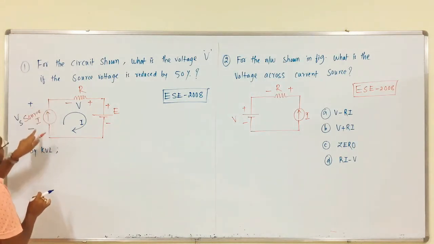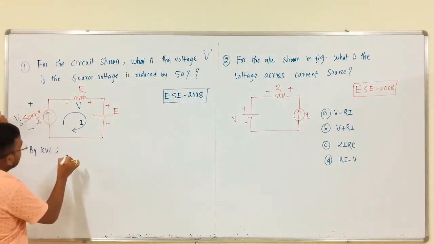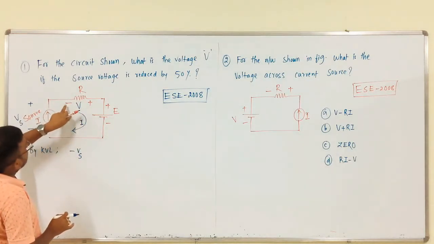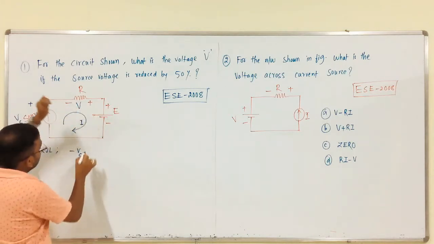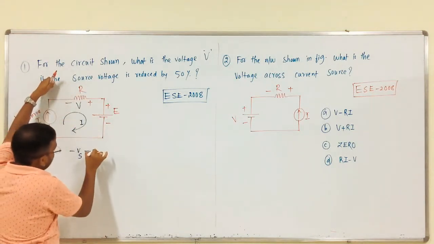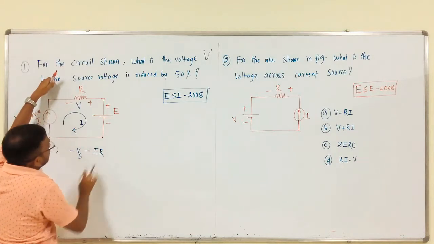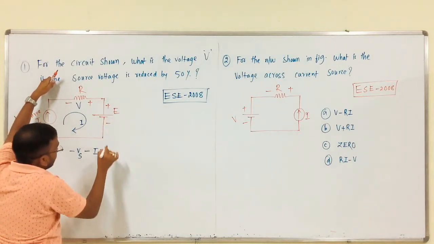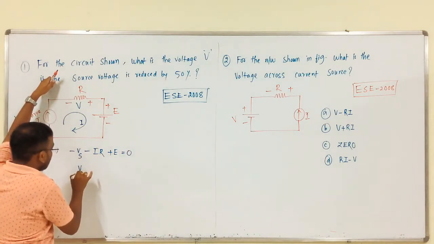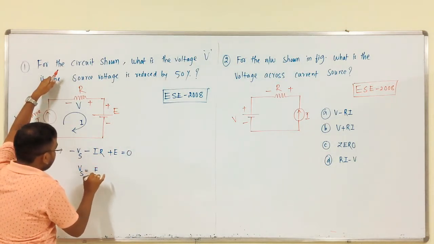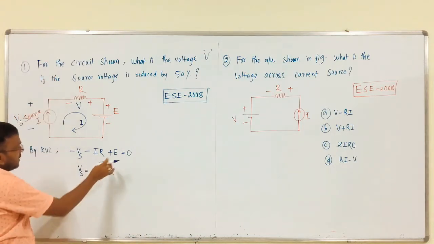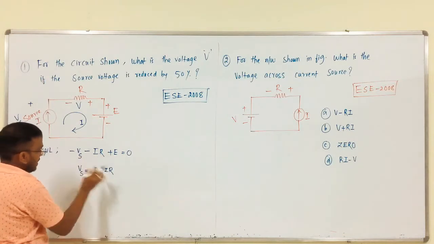From here to here, minus Vs, coming to this, negative to positive, plus, minus I into R, coming to this, it is from positive to negative, that is why it is E, which is equal to 0. From this, V is equal to E minus IR.